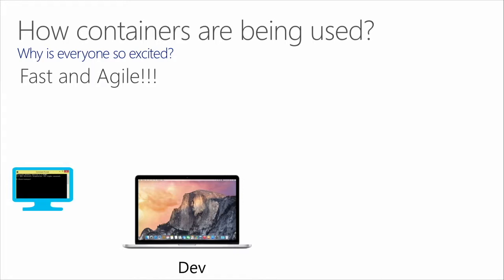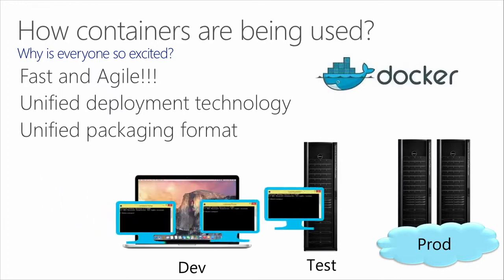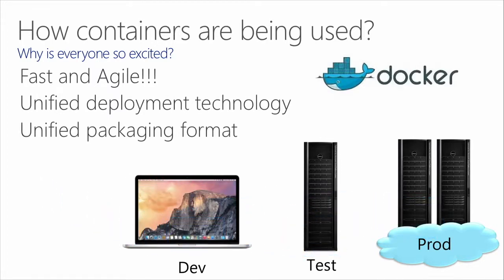But once you get that application going and the development process rolling, the ability to then take that same exact solution and deploy across dev, test, and production environments, whether in cloud or on premises, is an amazingly powerful part of containers. And this is where Docker has really come in and shined as part of the overall story.